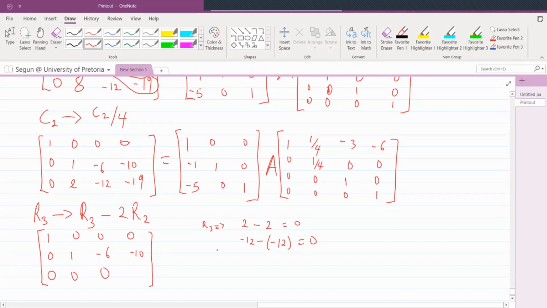We have 0. Then the last one will be minus 19 minus 20, which is 1.